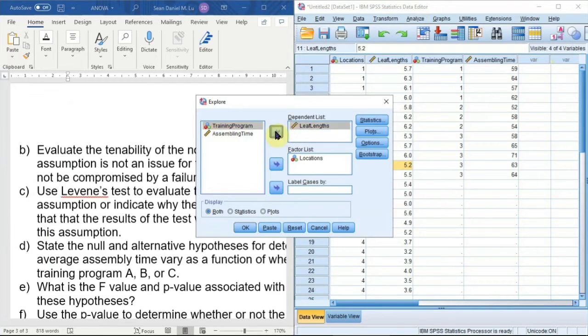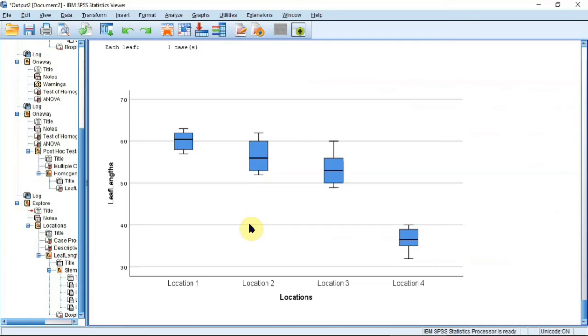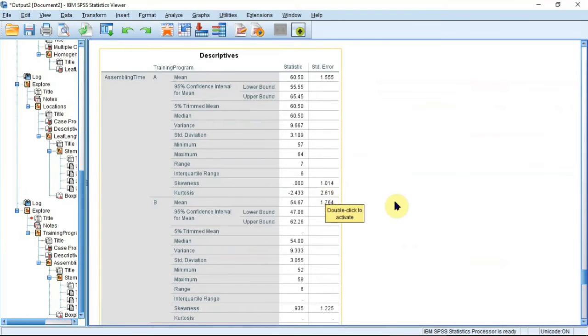Now let's move assembling time to the dependent list, and training program to the factor list. Skewness ratio.